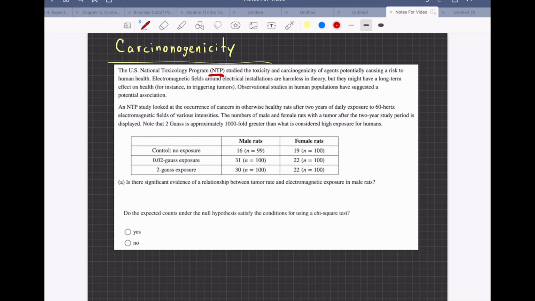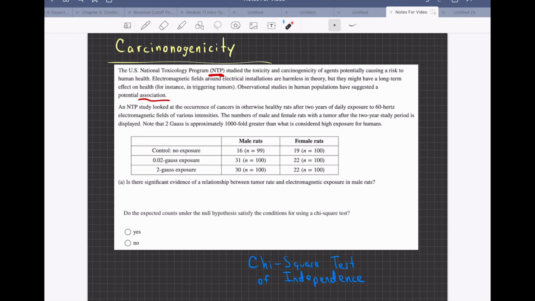So here, if you see this work, it's very likely that it's going to be a chi-square test of independence or association because of this work. I wanted to know something.